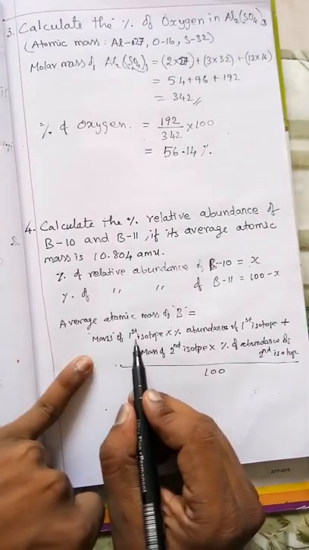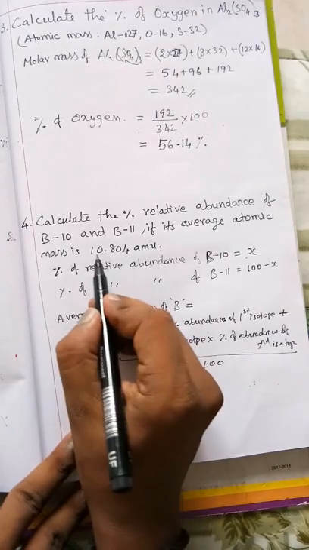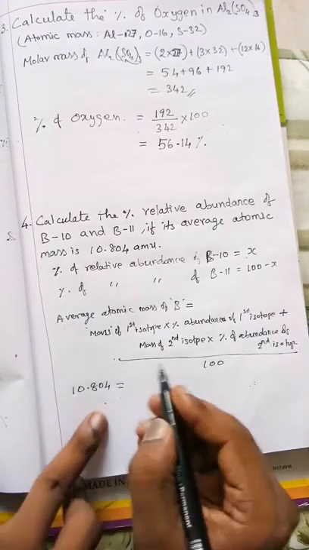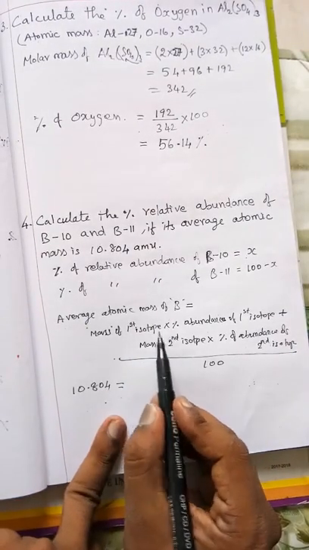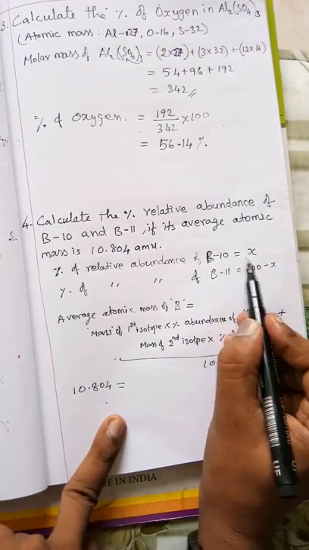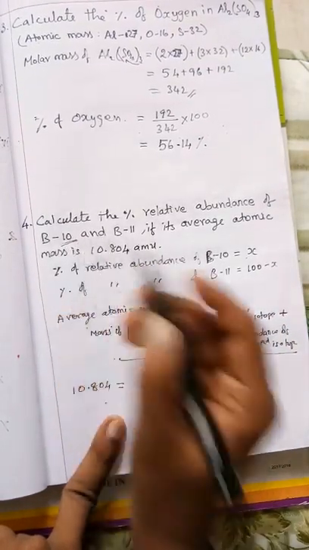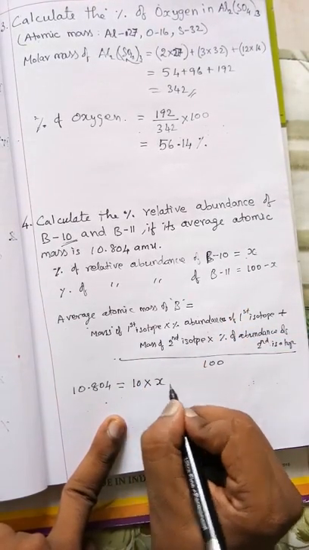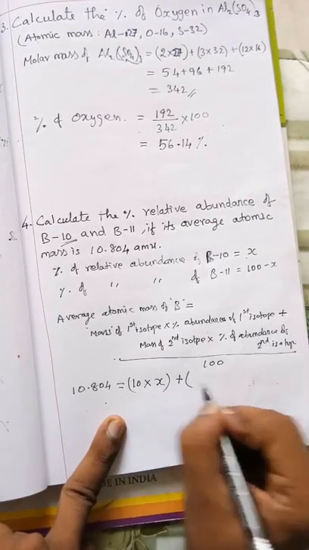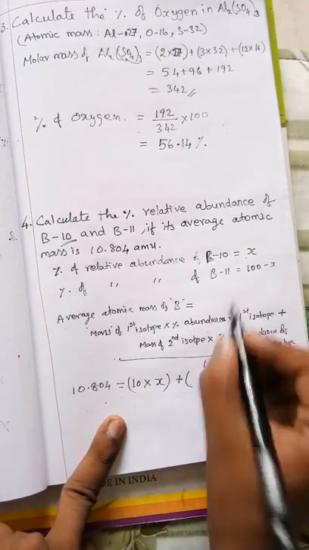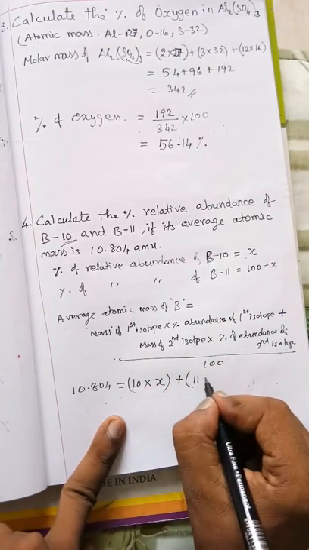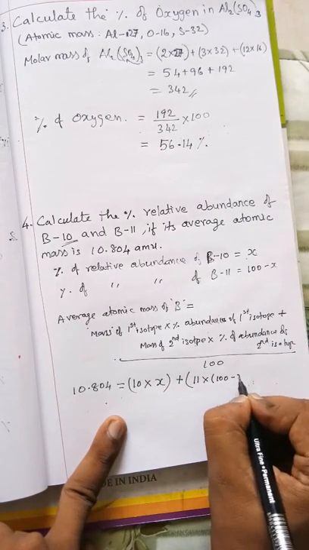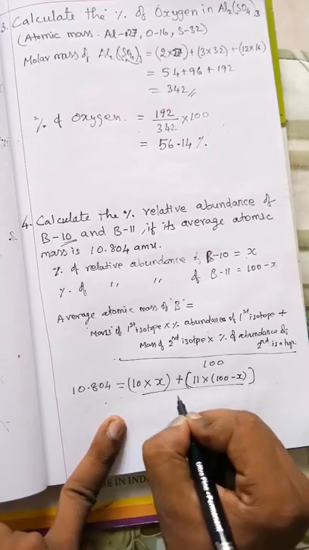So what is the first isotope value? The average atomic mass given is 10.804. So 10.804 is equal to mass of the first isotope, generally take 10, into percentage X, plus 11, the second isotope, into percentage value 100 minus X, divided by 100.